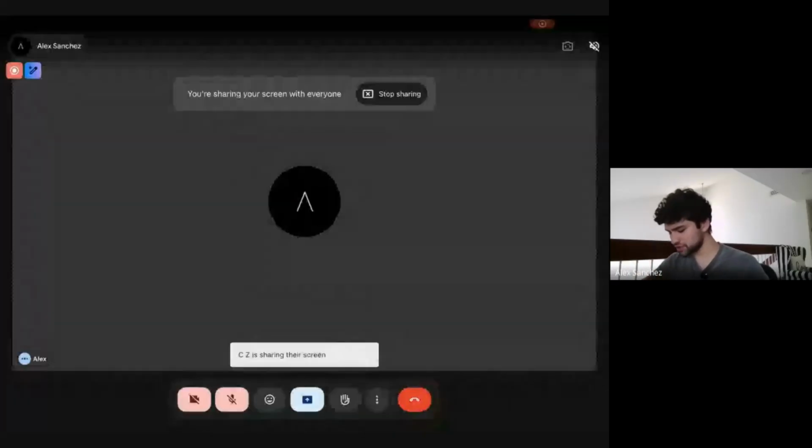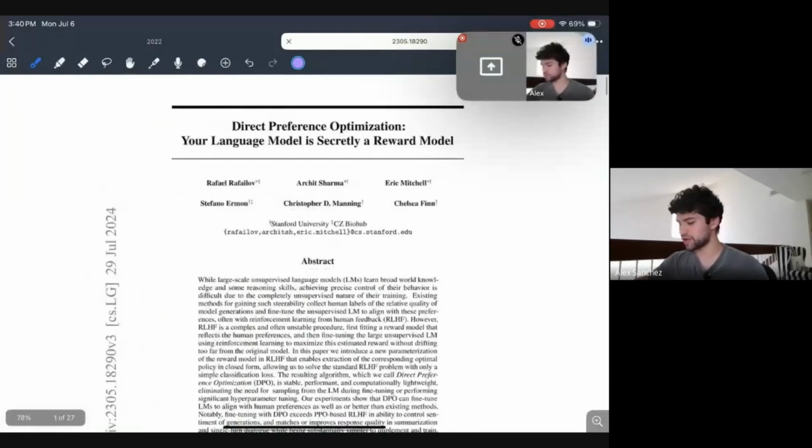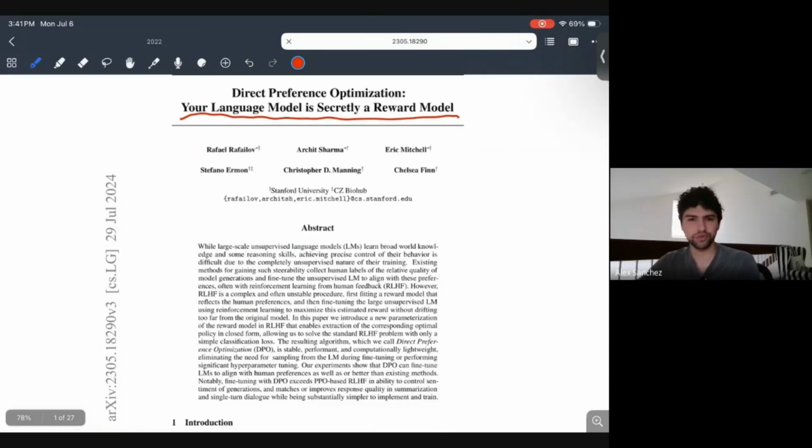Let's start this off. So the name of the paper that introduced this is Direct Preference Optimization: Your Language Model is Secretly a Reward Model. This is a really cool statement, and you guys are going to see how exactly this works.